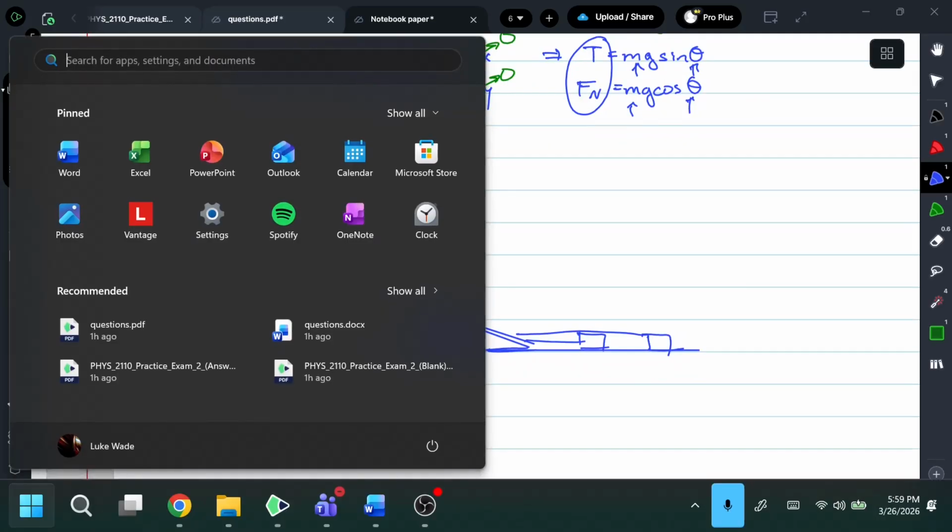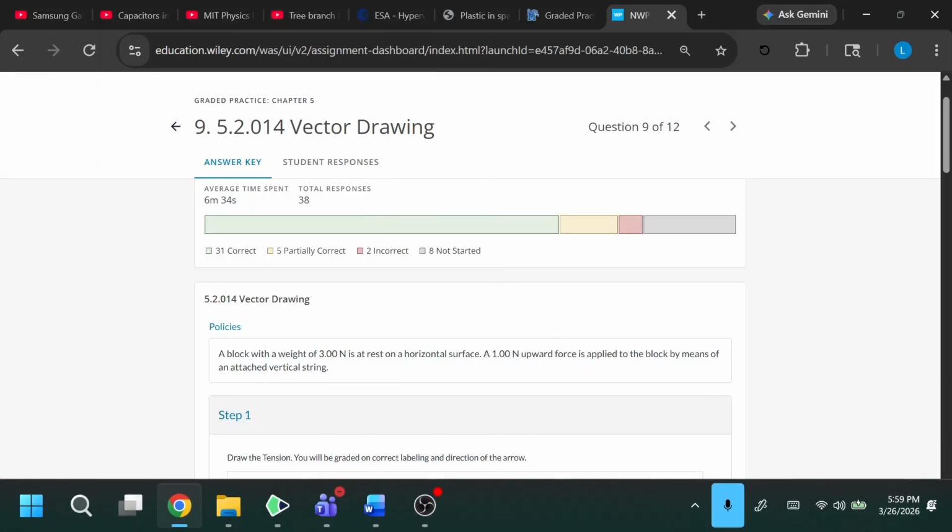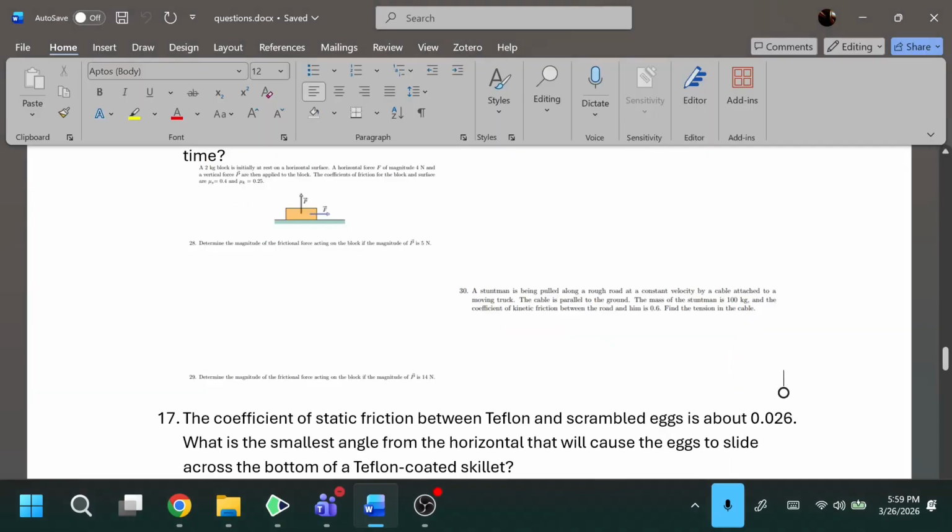Something like that, and a similar question to the one asked would be, a guy on a dog sled is being pulled along at constant velocity by a cable attached to a moving truck. So it'd be like ropes on the dogs are what's pulling the sled along. Let's say the cables or the ropes are parallel to the ground to make the problem a little easier. The mass of the stuntman is 100 kilograms.